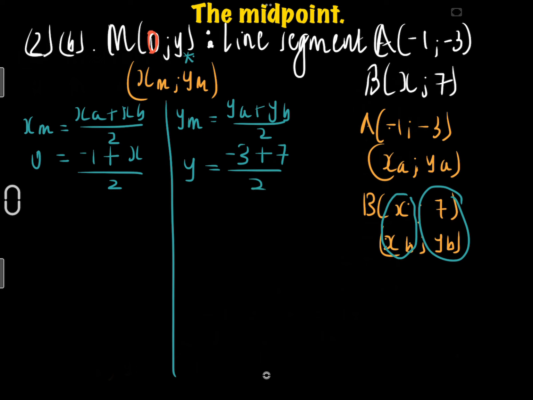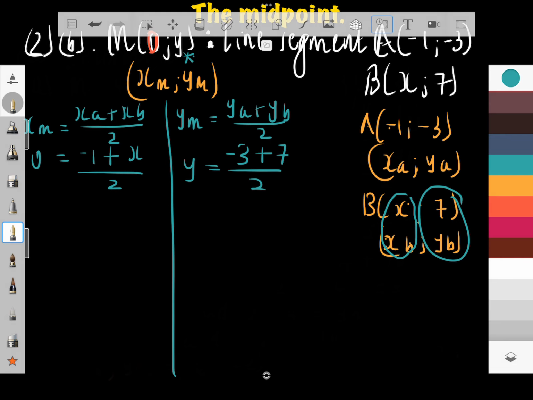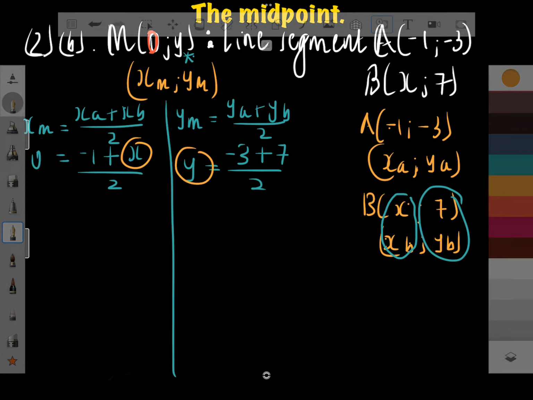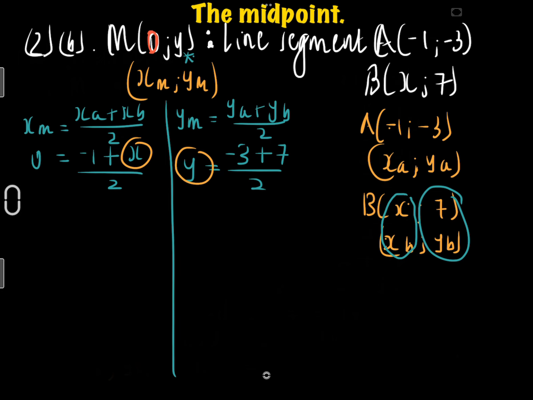Now we need to find x and y, which are waiting for us comfortably in this equation. So technically, 0 is already on the other side.